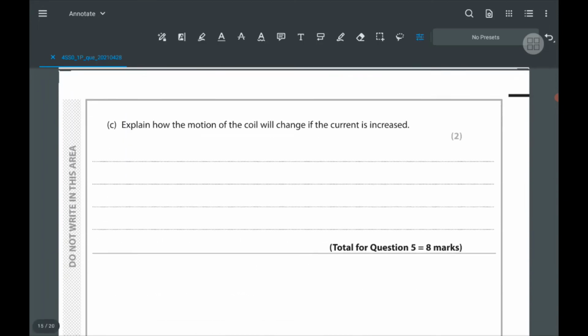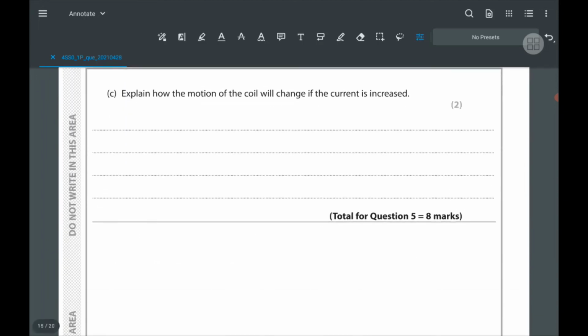Okay, next question. Explain how the motion of the coil will change if the current is increased. Now we know if the current is increased, the magnetic field will be more. Because of that, force will also increase. Force on the coil increases.